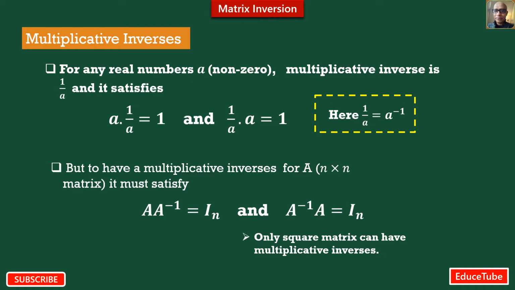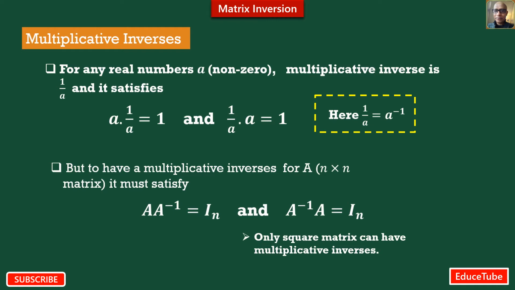In the same way, here I have taken a real number A, non-zero. So 1 by A: 1 is a number, A also is a number. That's why I can write 1 by A. But in the case of a matrix, I cannot write 1 by capital A, because 1 is a number and capital A is a matrix.